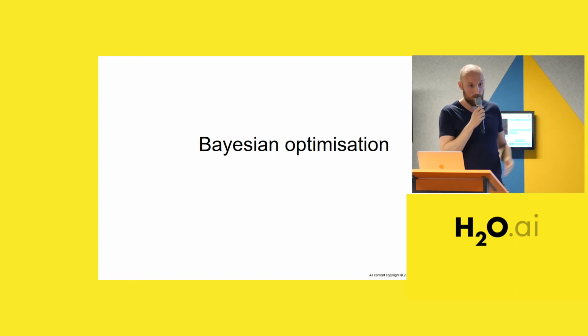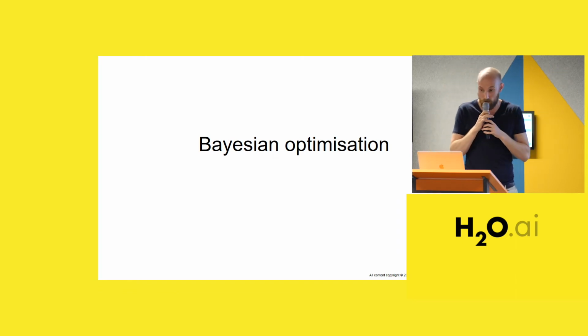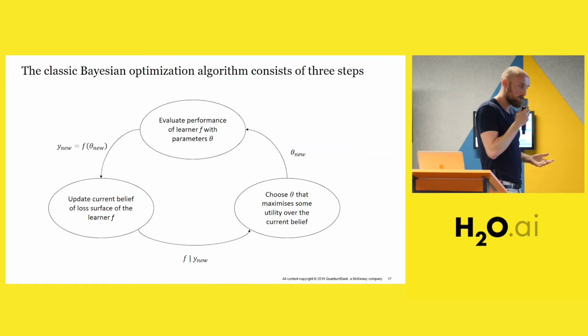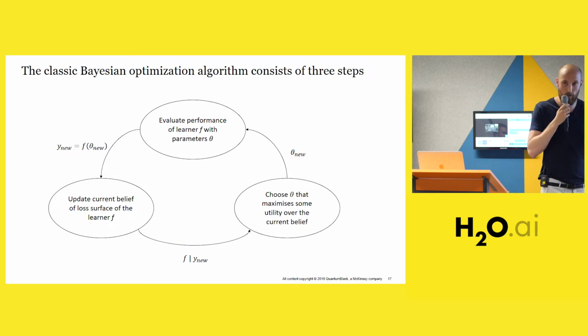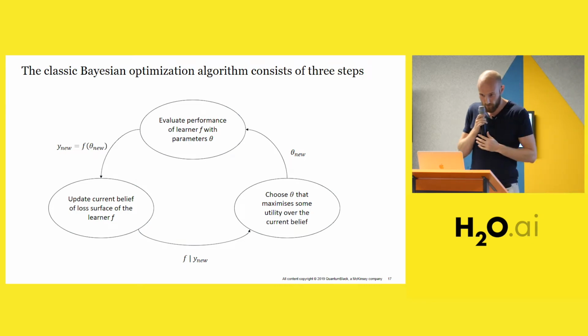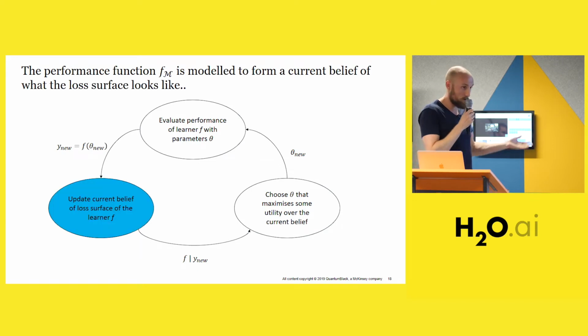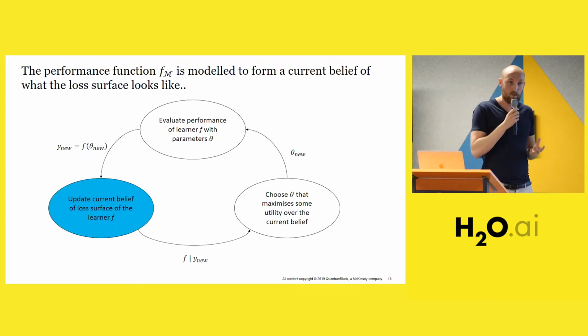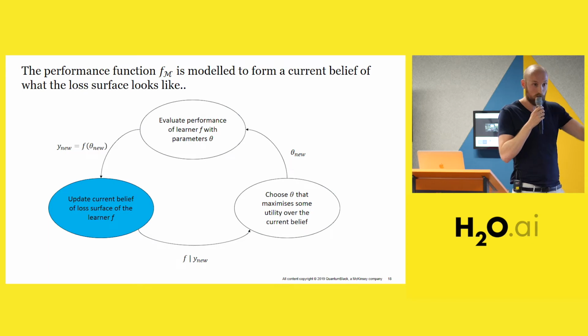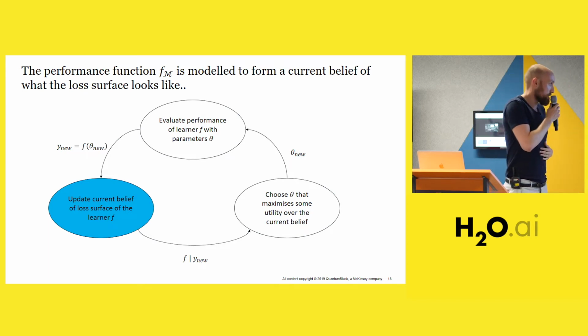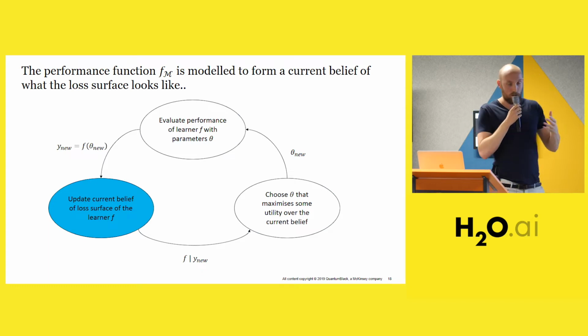The other component of the method that I wanted to talk about is what's called the Bayesian optimization component. The Bayesian optimization algorithm consists of 3 steps, and I've outlined those steps here. I've already mentioned that Bayesian optimization looks at your loss surface or a performance metric, however you want to call it, and builds a model for that performance metric.